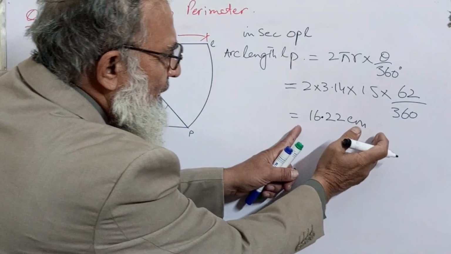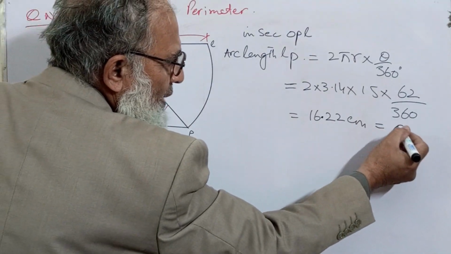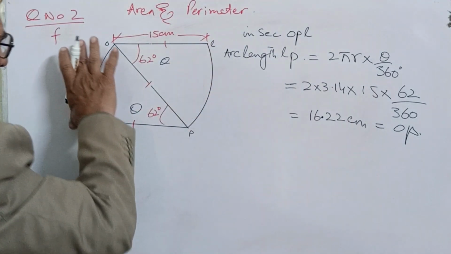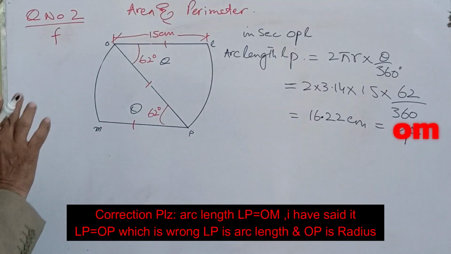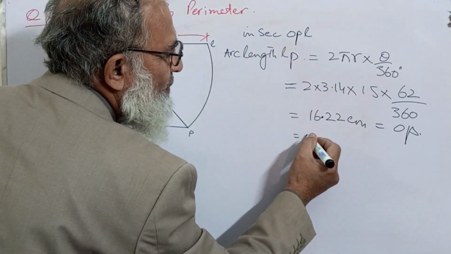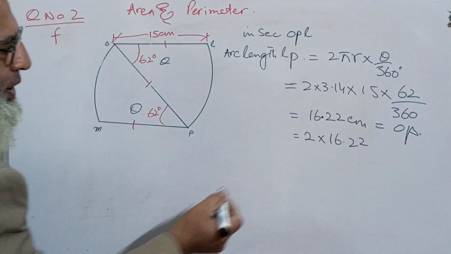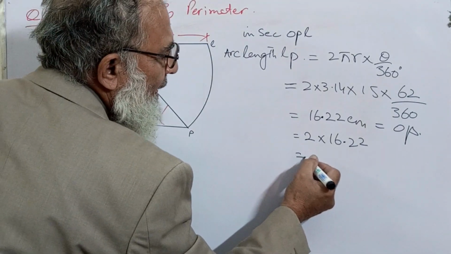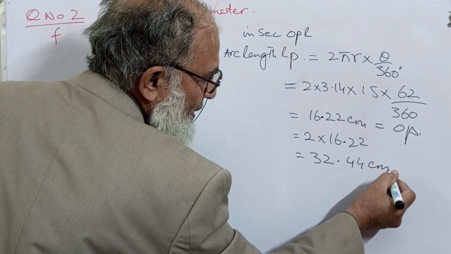Now this length is equal to this length OP, because both sectors are identical. So I am going to multiply it by 2: 2 times 16.22 is equal to 32.44 centimeters.